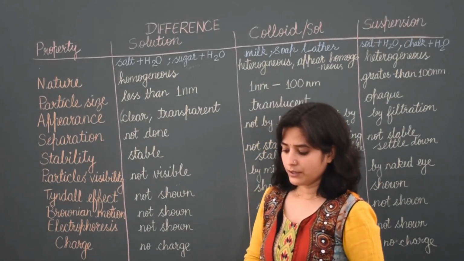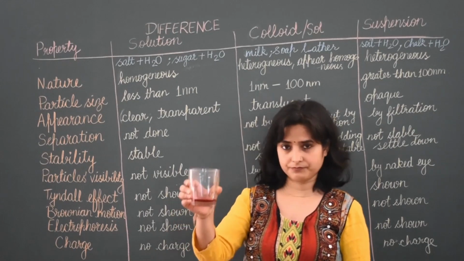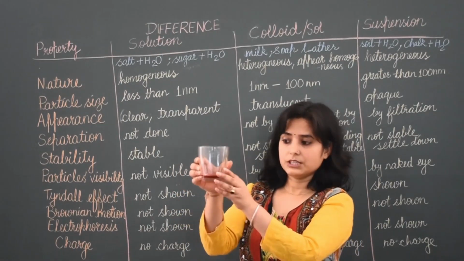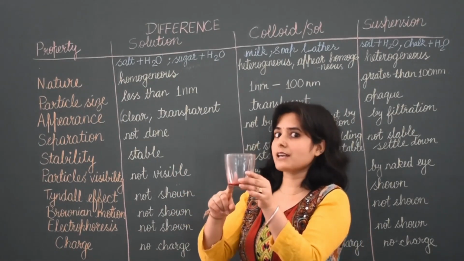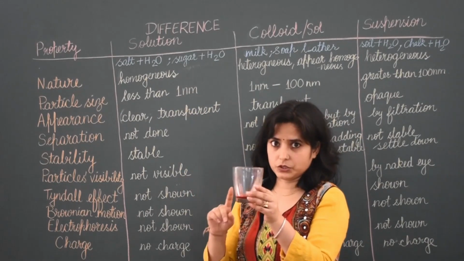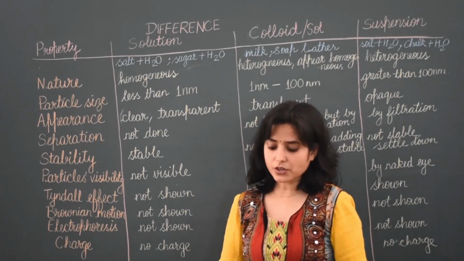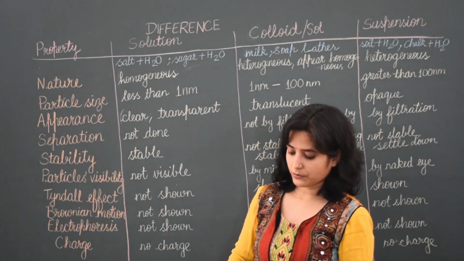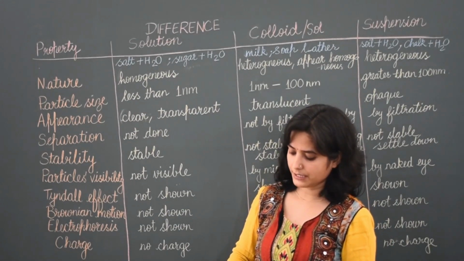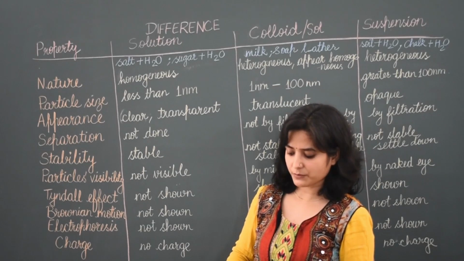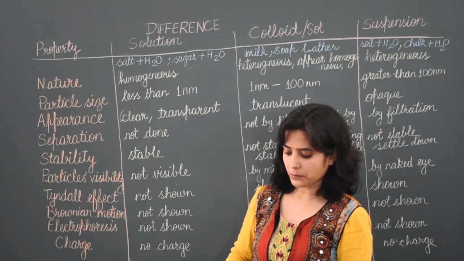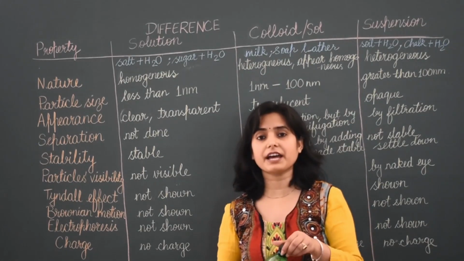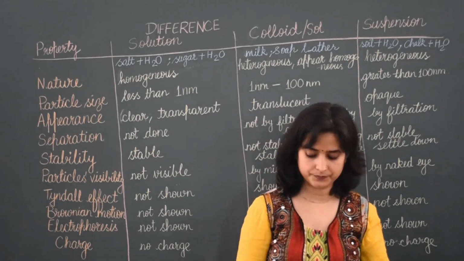I have taken this sherbet as an example of solution to make it clear for you. Solution is any kind of mixture which is homogeneous in nature. Homogeneous means particles are completely mixed with each other and we cannot separate them.